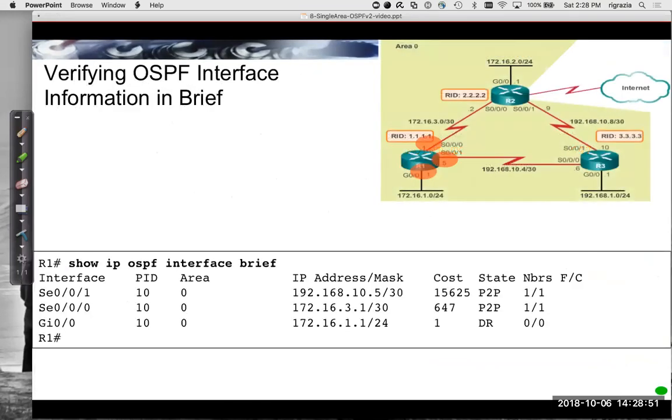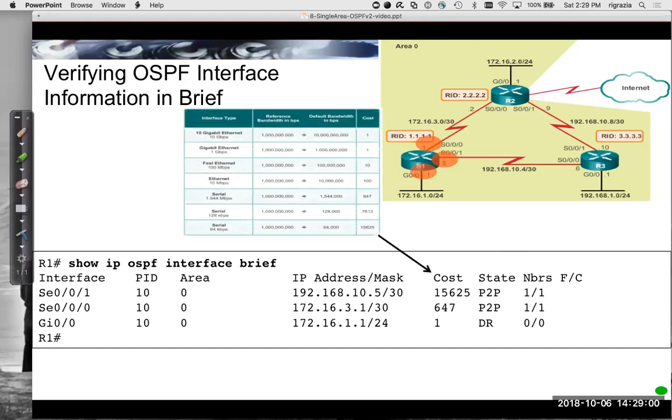We can see some of that information in the show ip ospf interface brief command, which shows us our interfaces and the cost of each interface, which is determined by our reference bandwidth divided by the bandwidth in bits per second.